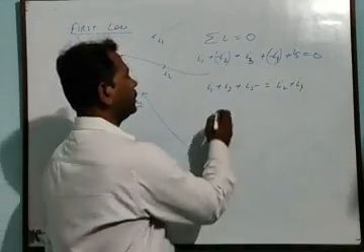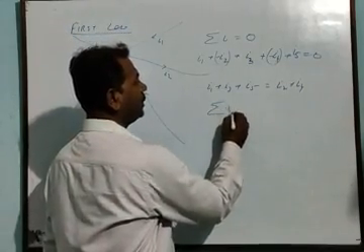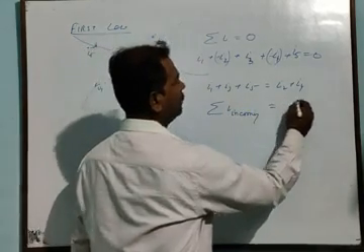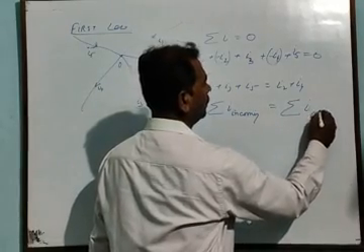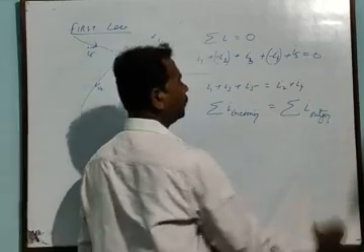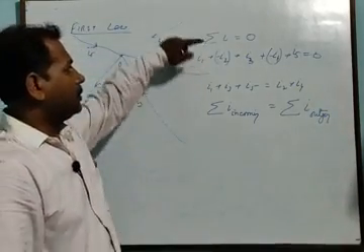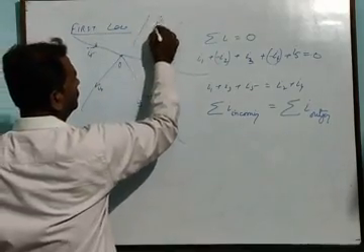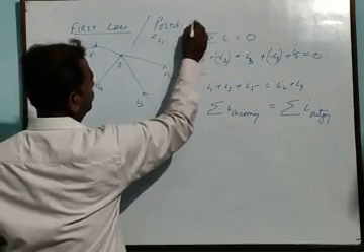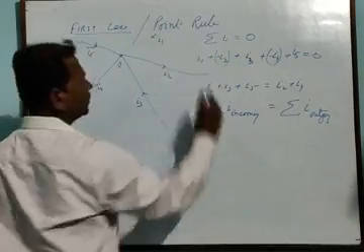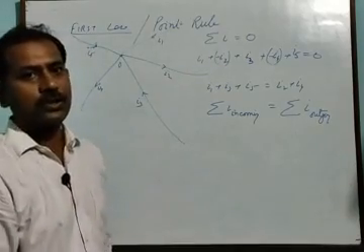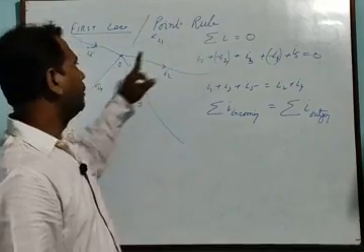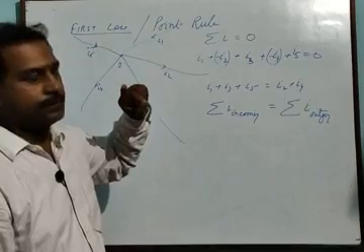From this you can conclude that net incoming current is equal to net outgoing current. The first law, which is also called the point rule or junction law or junction rule, says that the net current meeting at any junction is always zero.